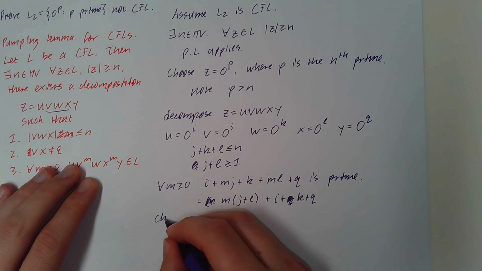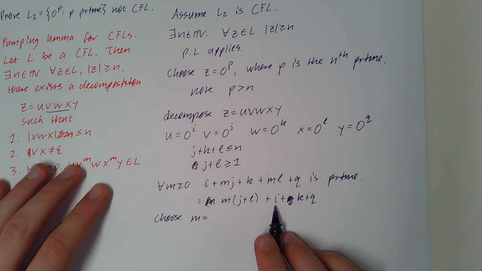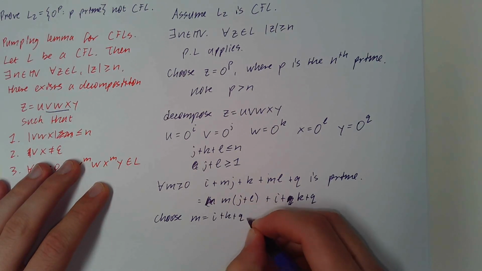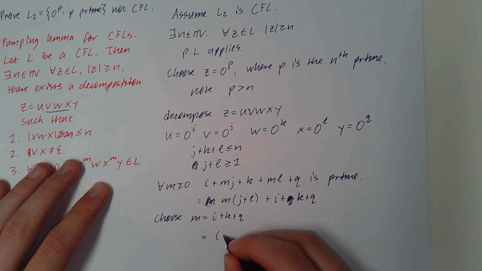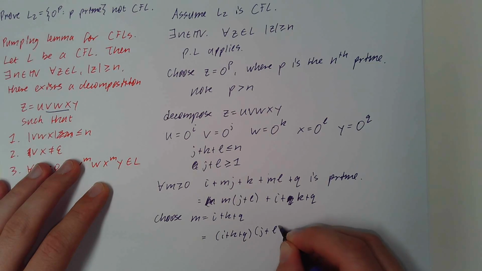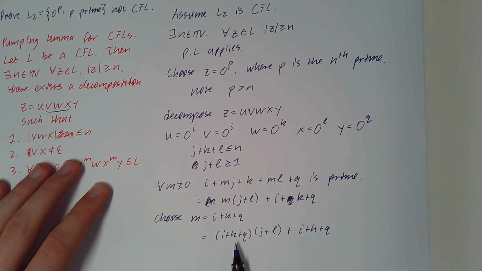So if I choose m equal to i plus k plus q, then this term here becomes (i plus k plus q) times (j plus l) plus i plus k plus q. So this is j plus l many lots of i plus k plus q, and this is 1 many lots of i plus k plus q.